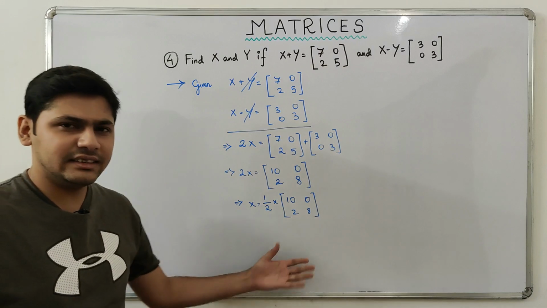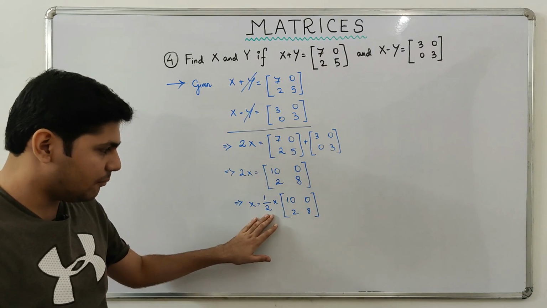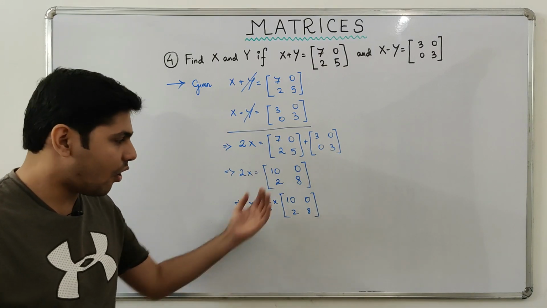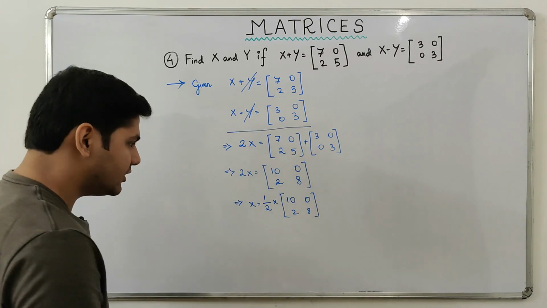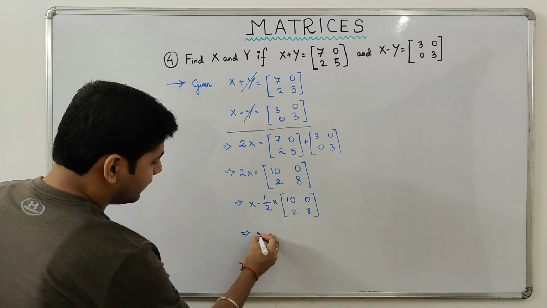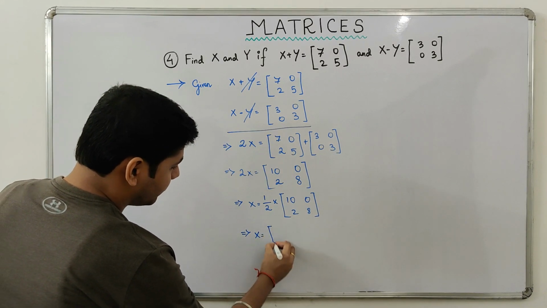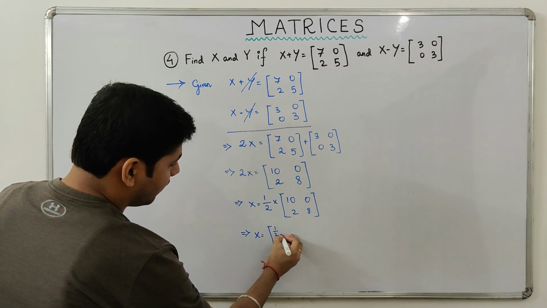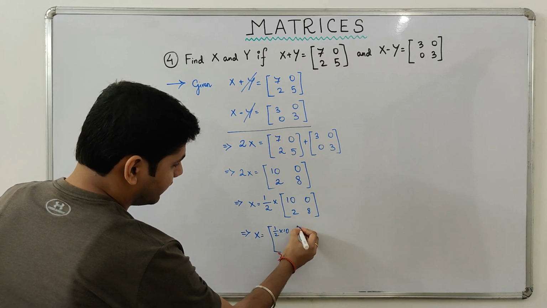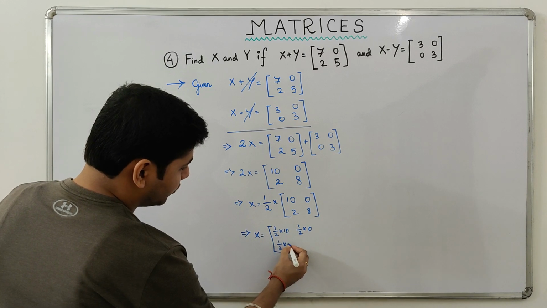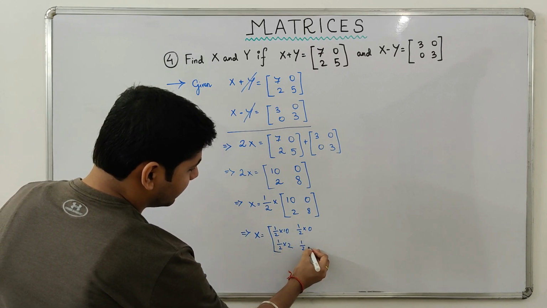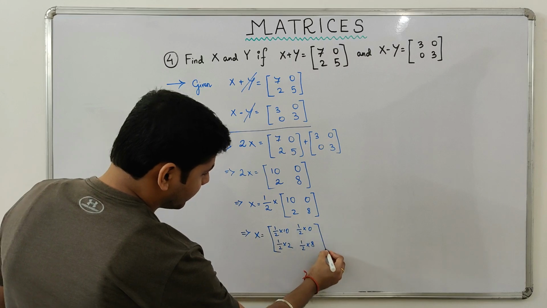Now this is the same thing as multiplying a number to a matrix. All the elements of this matrix will get multiplied to 1 by 2. So let's do that. So x is equal to half into 10, half into 0, half into 2, and half into 8.